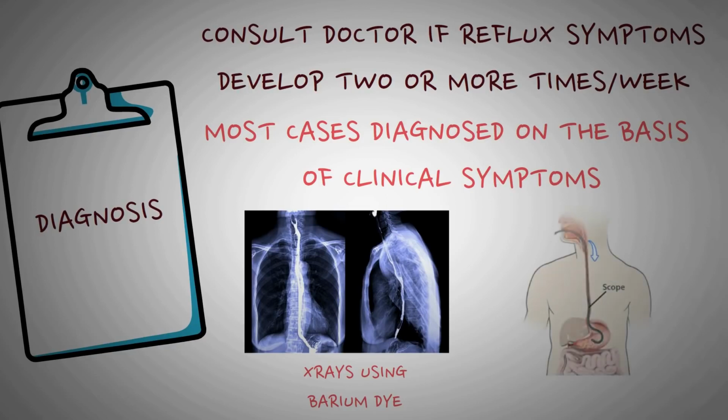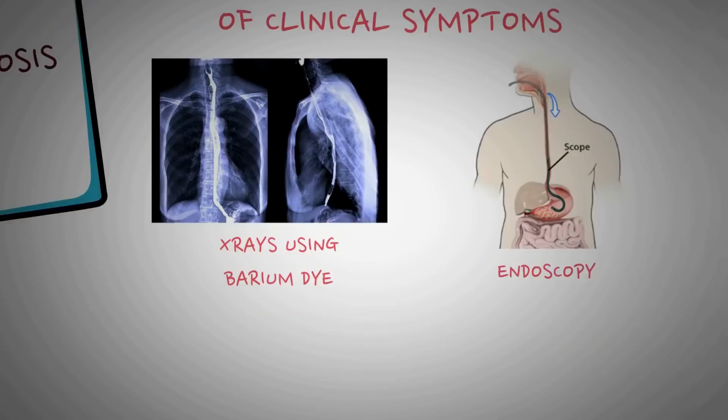Upper GI endoscopy is also done, and in this test, a thin, flexible tube which is equipped with a light and a camera is inserted down your throat to examine the inside of your esophagus and stomach. Endoscopy can detect inflammation of the esophagus, hiatal hernia, strictures, ulcers, and other complications.